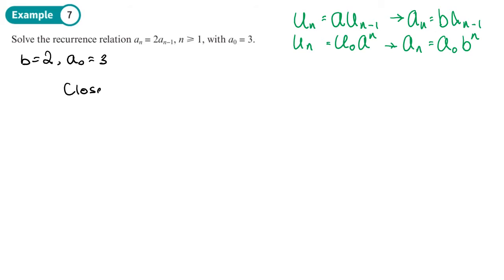Closed form is going to be a_n equals a_0, which is 3, times by b, which is 2 to the power n. Now, just like the previous one, we could use this mathematical induction, recursion, back substitution method to also find the solution, but we're not asked to prove it, we're just asked to solve it, find it, so we can just use the formula.